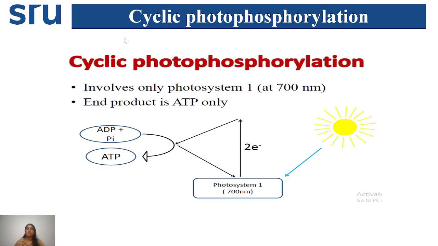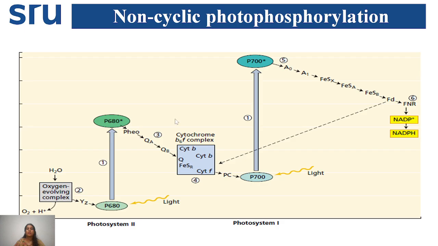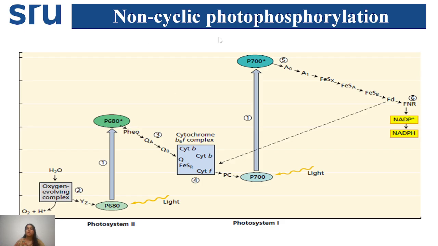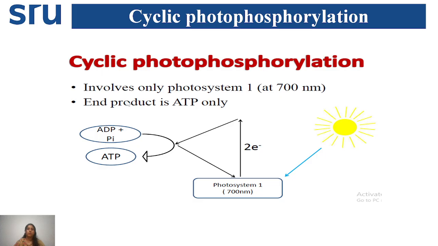That's why we call it cyclic photophosphorylation. The difference between non-cyclic and cyclic is that only ATP is produced during cyclic photophosphorylation, but in non-cyclic, both ATP and NADPH energy molecules are released, in a 1:1 ratio. In cyclic photophosphorylation, only ATP is released.